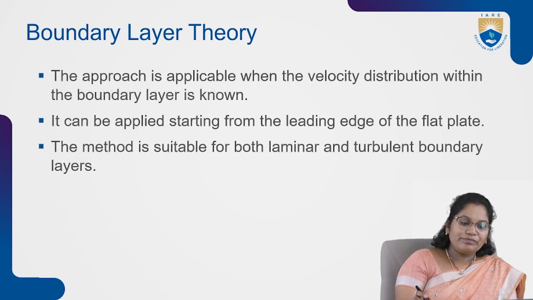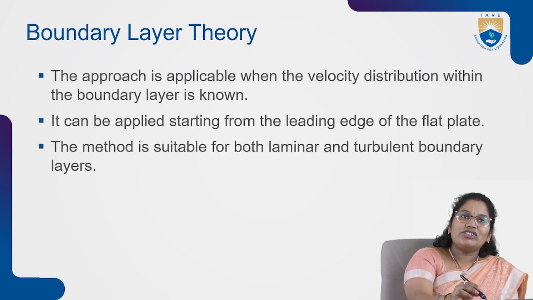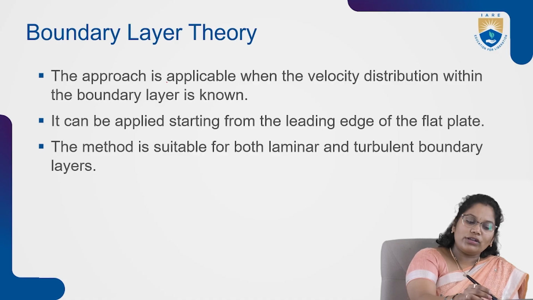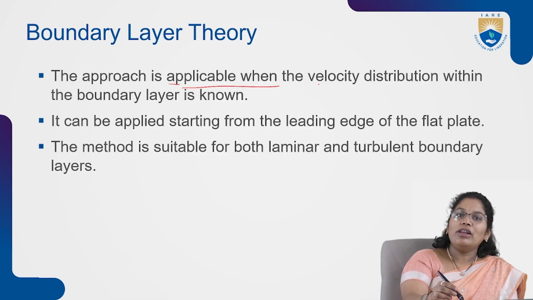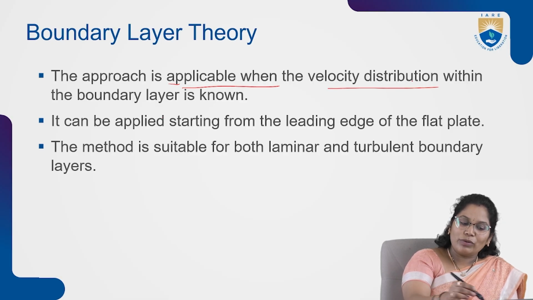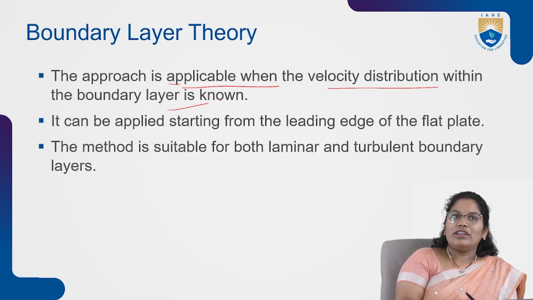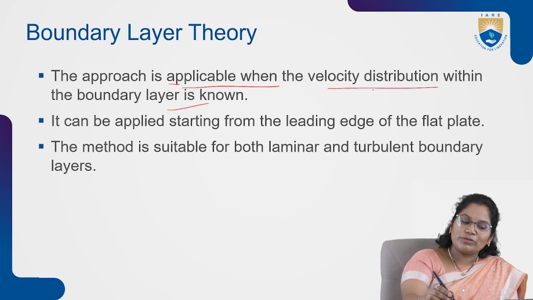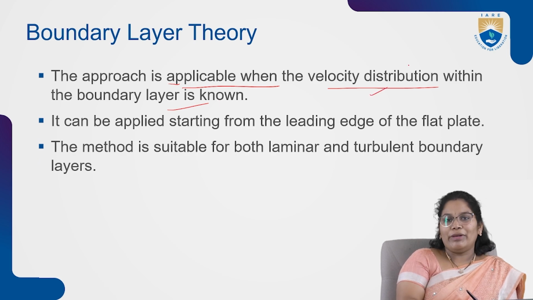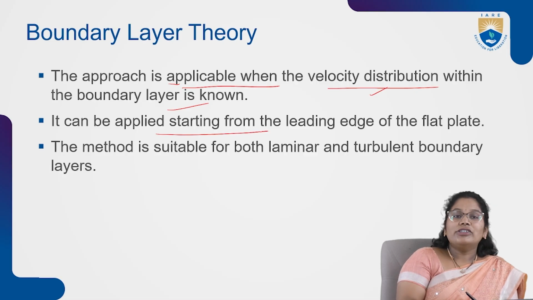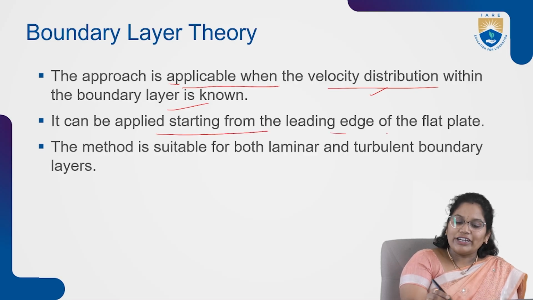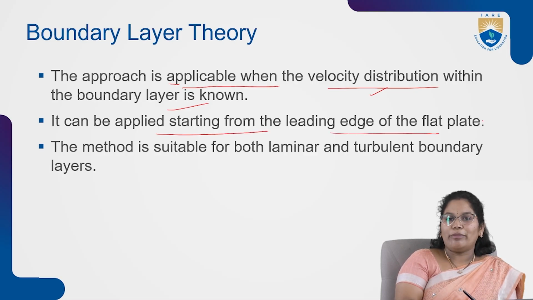This approach is applicable when the velocity distribution within the boundary layer is known. When the velocity distribution is known, this approach is applicable, right? And it can be applied starting from the leading edge to the end of the flat plate.